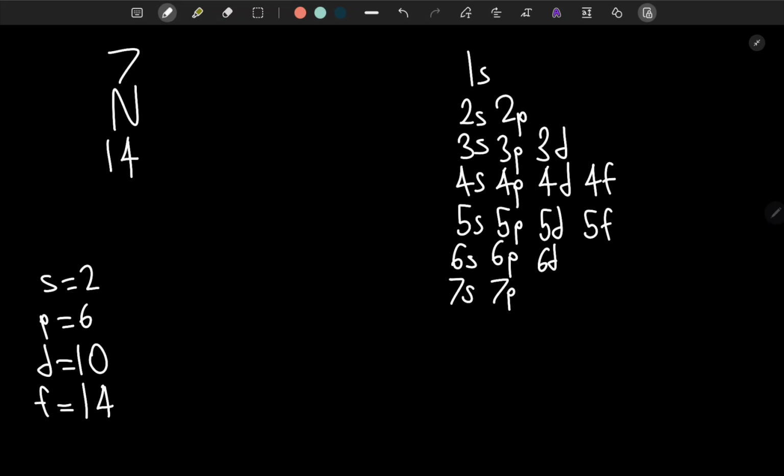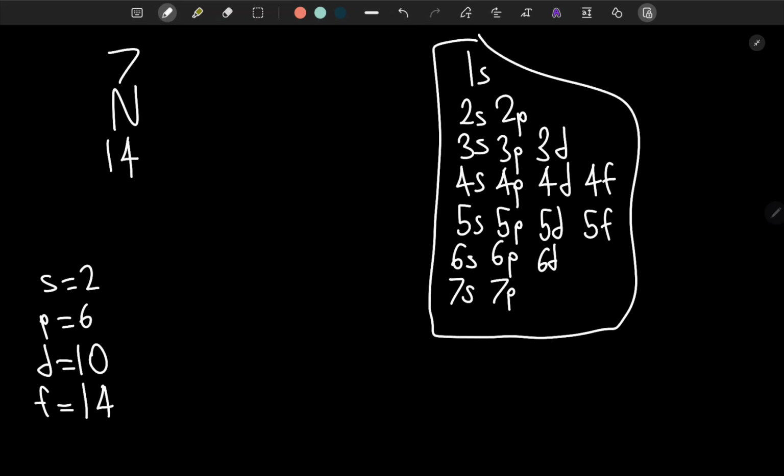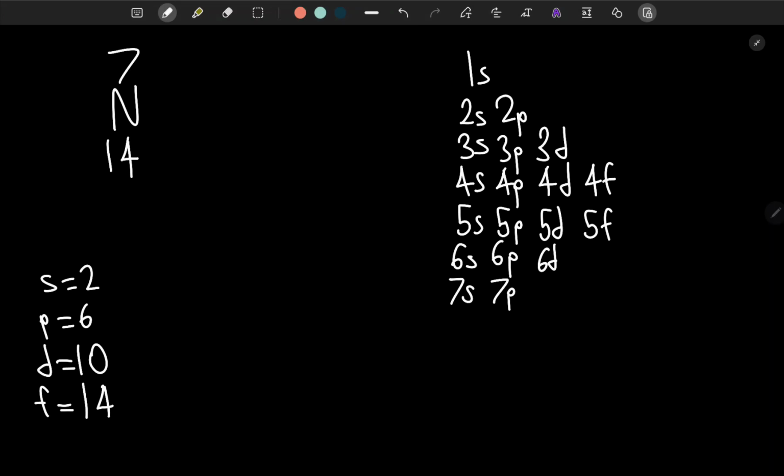Now the next step is this table, the electronic configuration table, which starts from 1s, 2s, 2p, 3s, and so on. The way you cancel this out is you start from the top, row by row, and you go from right to left. 1s will be used first, next is 2s, then 2p and 3s together.